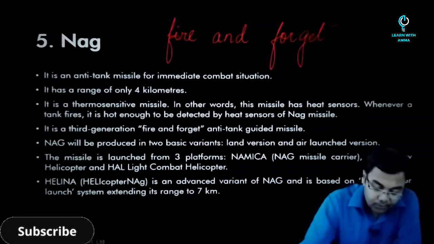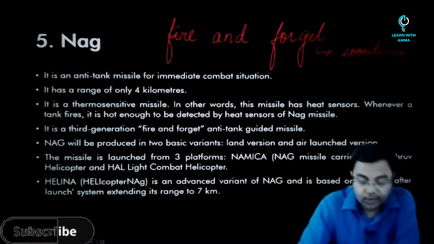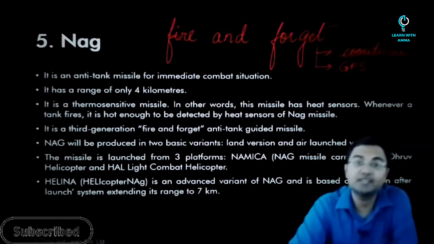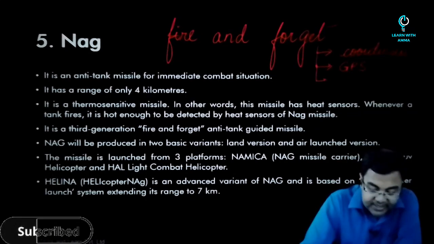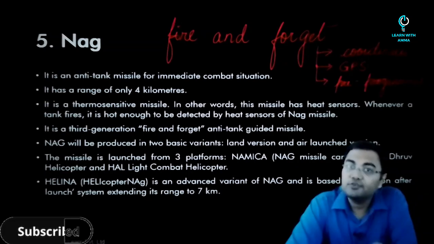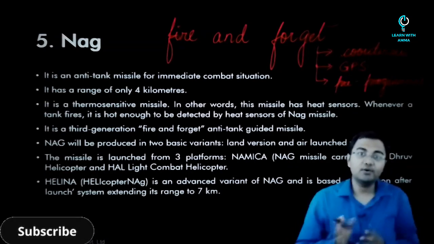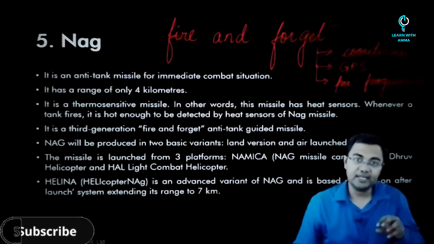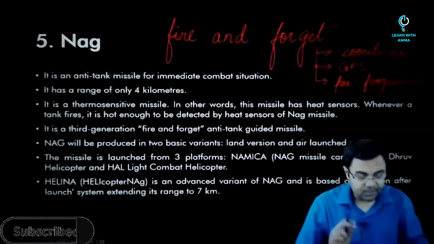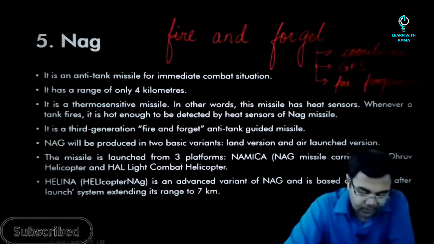First of all, what do you need? You need the coordinates, right? You perhaps would need a GPS system so that the guidance can happen. And what we are saying is that it would be pre-programmed, so that all the information has been fed, and that's why it is called a fire and forget kind of missile, right? So this is what this particular term means.